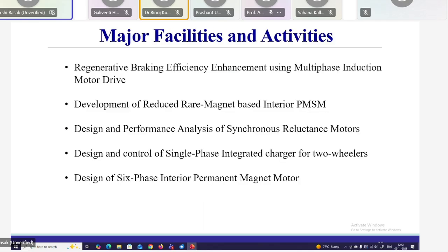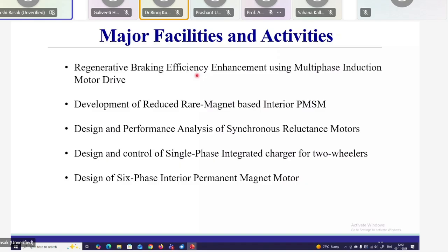Now in our center, or in our motor design lab, we have different facilities and activities. Since it is a motor design and drives laboratory, we have projects related to multi-phase induction motor drive, where we are trying to increase the regenerative braking efficiency and reduce the overall consumption of the multi-phase induction motor drives.